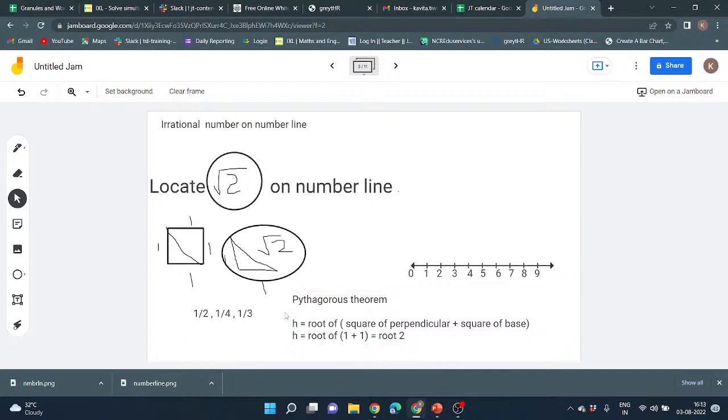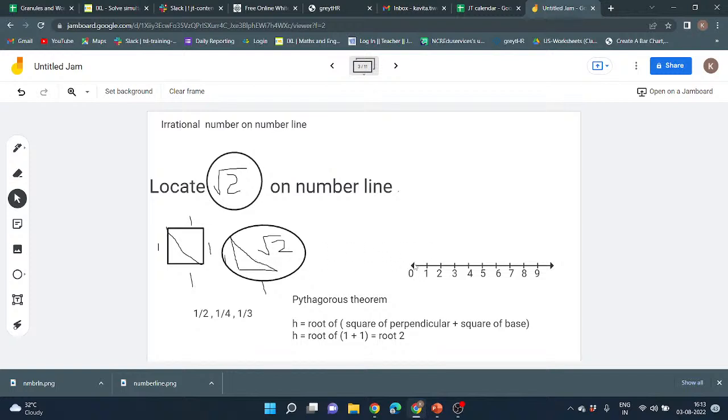Now, how can we locate this root 2 on a number line, and what is the use of this? Basically, we know that root 2 is bigger than 1. So with the help of a compass, we will be locating this on a number line.